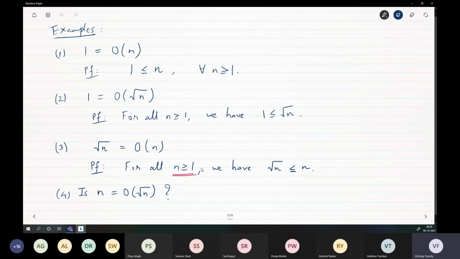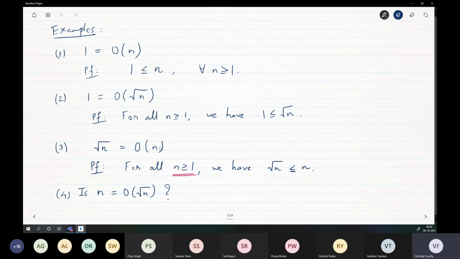Now, once again, the third example: when you look at all n greater than or equal to 1 and compare square root n with n, which, according to you, will go faster to infinity? Which one will grow faster? Square root n or n? N. Do you agree? Because square root n is going to be smaller, no? Yes, sir. Much smaller.